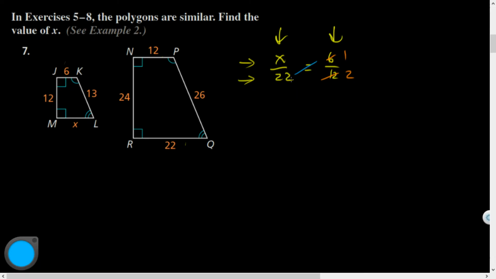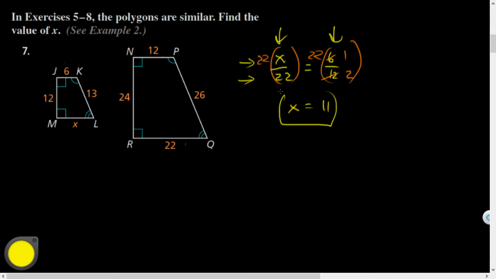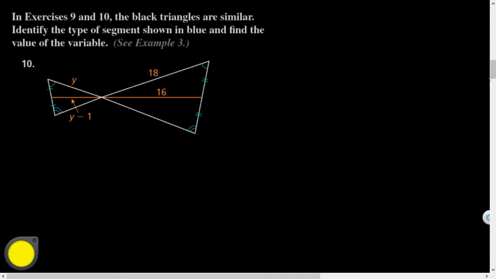Or whenever the variable's in the numerator, I sometimes just solve this algebraically. So I'd multiply both sides by 22. And so I will end up getting x equals 22 divided by 2 is 11 times 1 is still 11. All right. I'm over-explaining that a little bit.